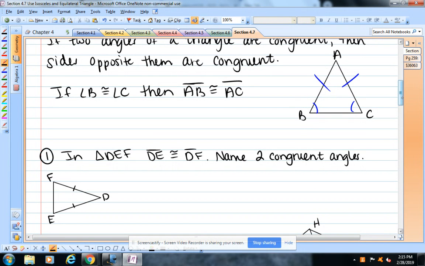That means the two angles that are not the angle between the two congruent sides. So angle D here is the vertex angle because it's between the two sides that are congruent. So that makes what two angles the base angles? Angle F and angle E. So you can say angle F is congruent to angle E, because we know in an isosceles triangle, if two sides are congruent, then the two base angles are congruent. So the two base angles are the two angles that are not between those two congruent sides.